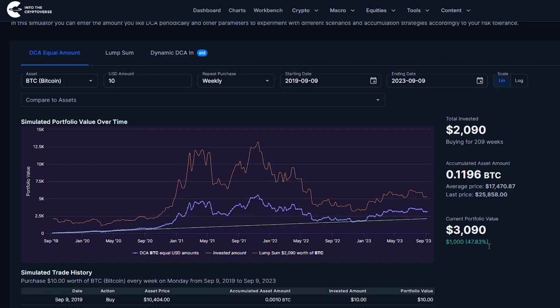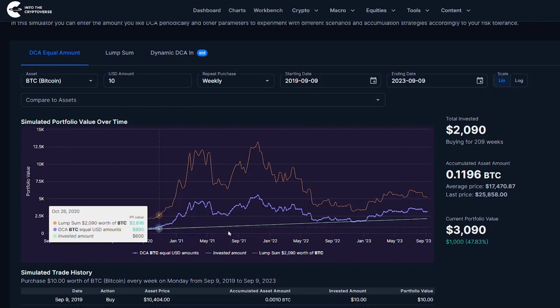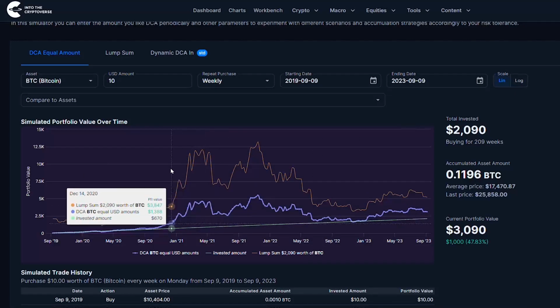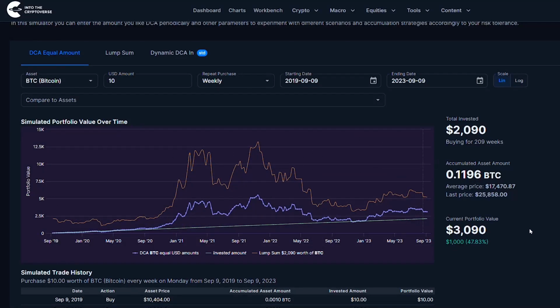Even if you wouldn't strategize any further, you would have been in gains, you would have made money, and that's our main goal right here. To make money, but most importantly, to preserve money. We don't want to be losing money. We want to keep the value of our dollars.